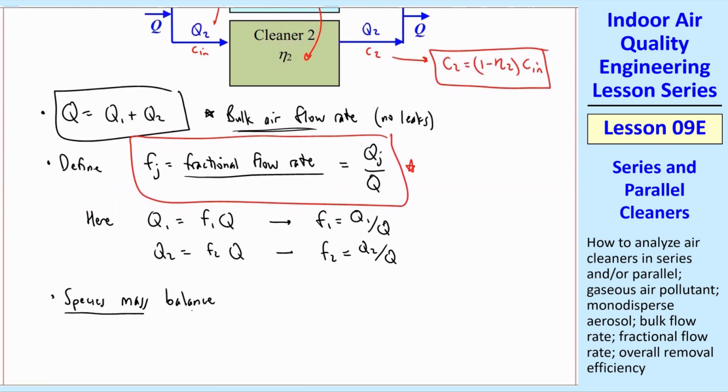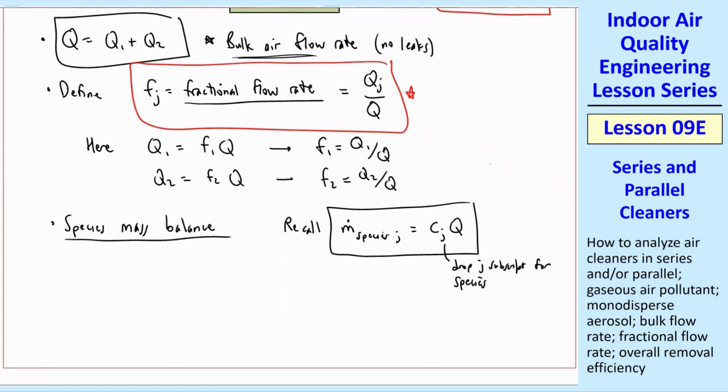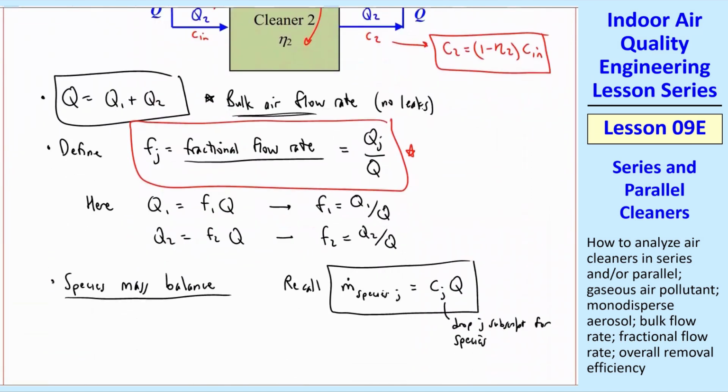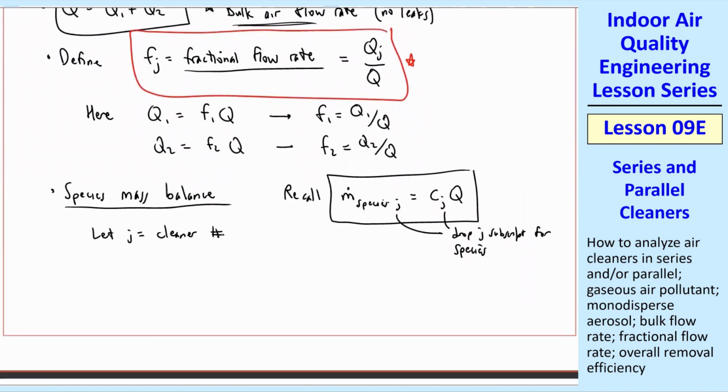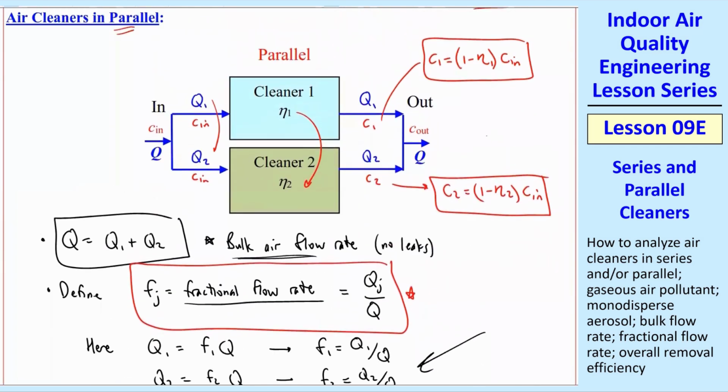Now let's consider the species mass balance. Recall that m dot of some species J is CJQ. Now let's drop the J subscript for species like we did up here. We didn't have any J's up here in our diagram, but instead let J be the cleaner number, which we're actually already doing with these equations, calling cleaner 1 and cleaner 2, with these mass concentrations C1 and C2.